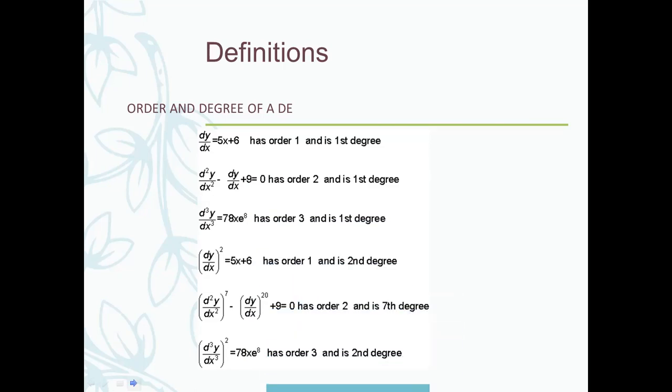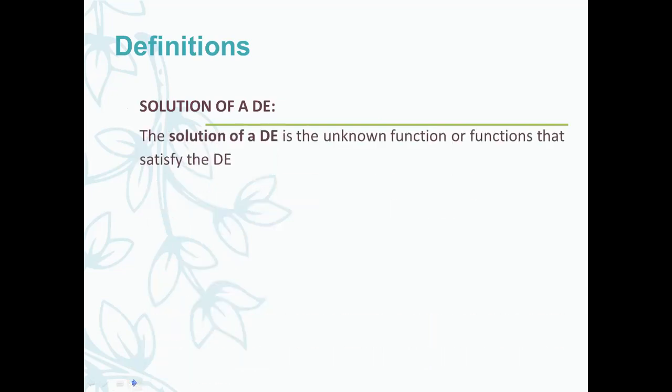Okay, now we go to solutions. Solutions of a differential equation. So a solution of a DE is the unknown function or functions that satisfies the given differential equation. If I may say, class, the solution of a differential equation is an equation in itself.